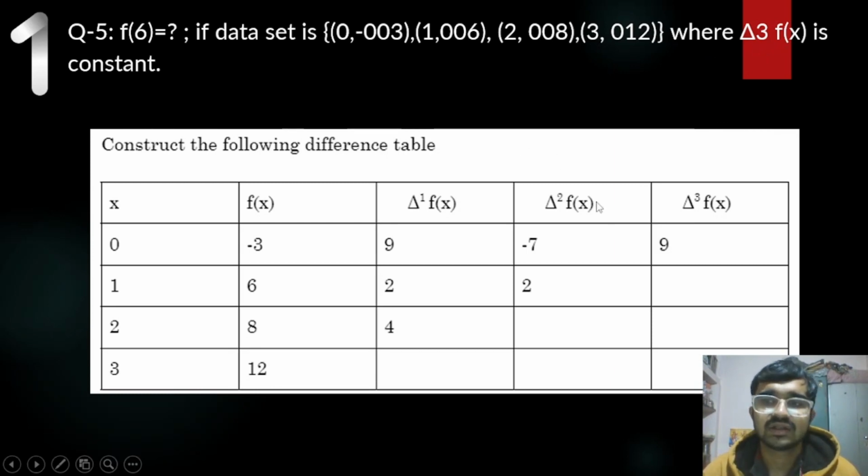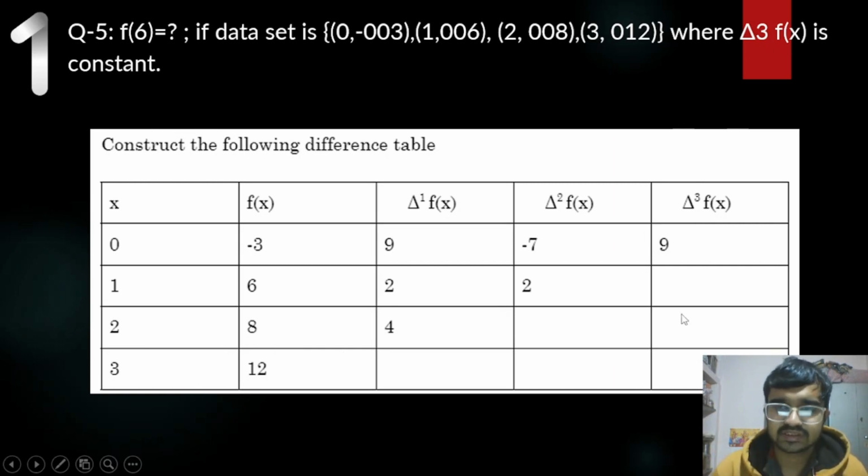We are given that del cube, or del 3, of fx is constant. So we can easily find our answer: we are given that 0, 1, 2, 3 have values of -3, 6, 8 and 12. So we can clearly find the value of del 3 fx, and it is 9 and it is constant. By this we can clearly find the value of the next, f6.